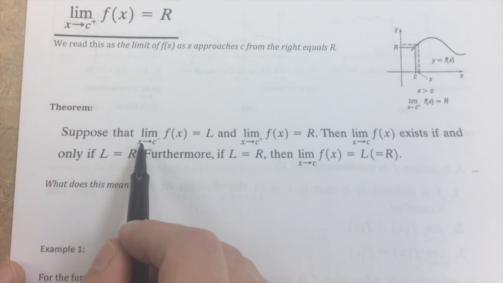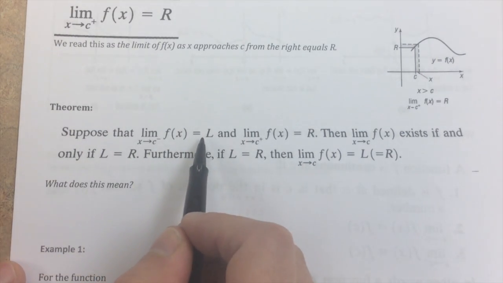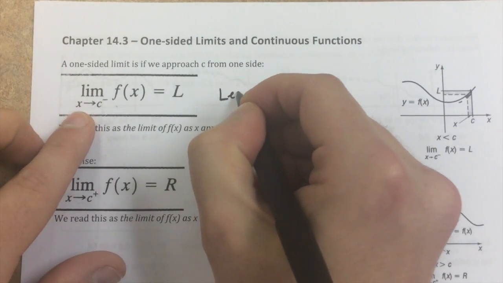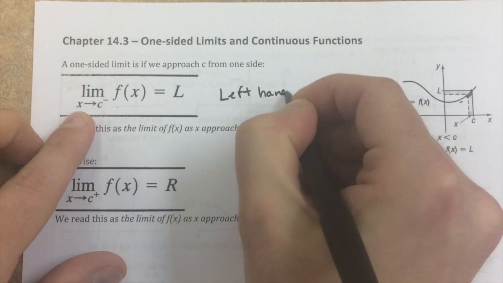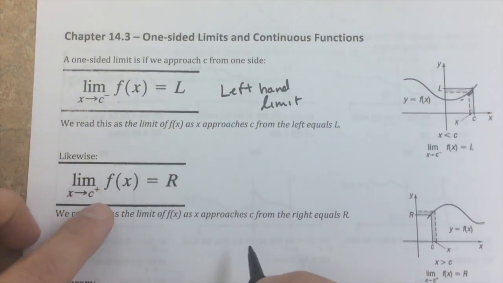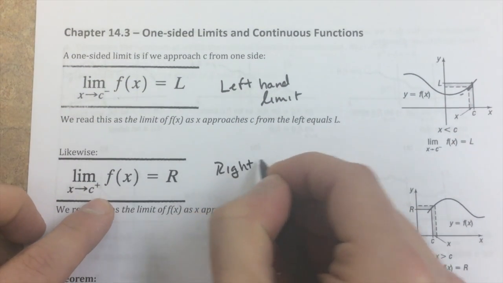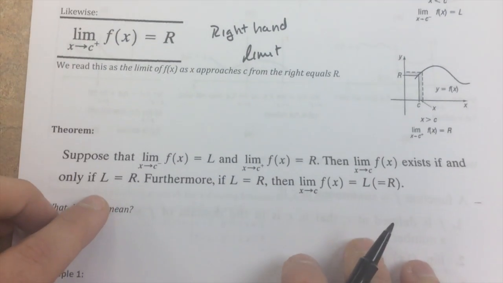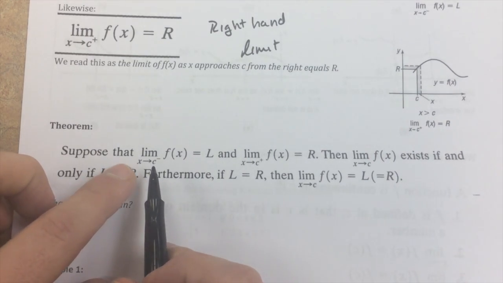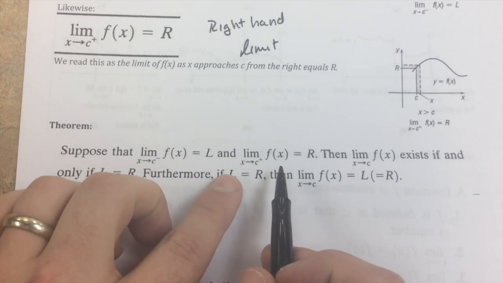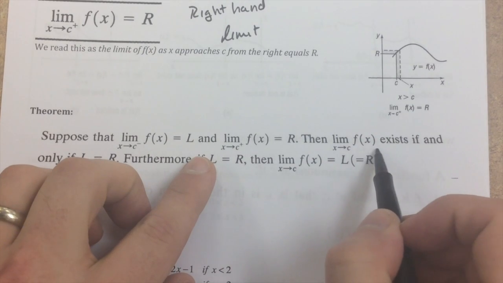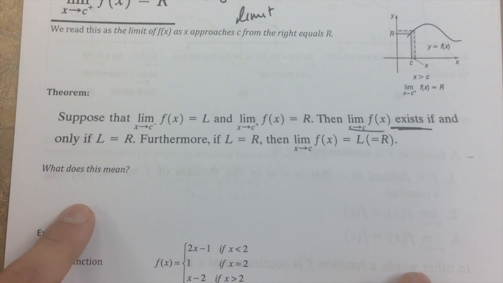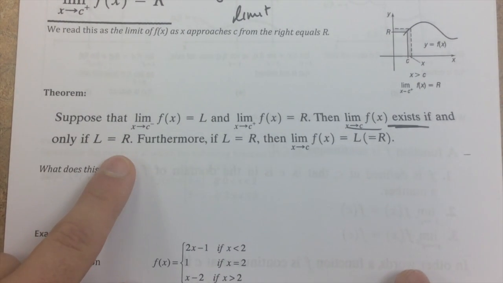Suppose we call the limit from the left the left-hand limit, and the one from the right, obviously, the right-hand limit. Then the limit of f exists if and only if the left-hand limit is equal to the right-hand limit.